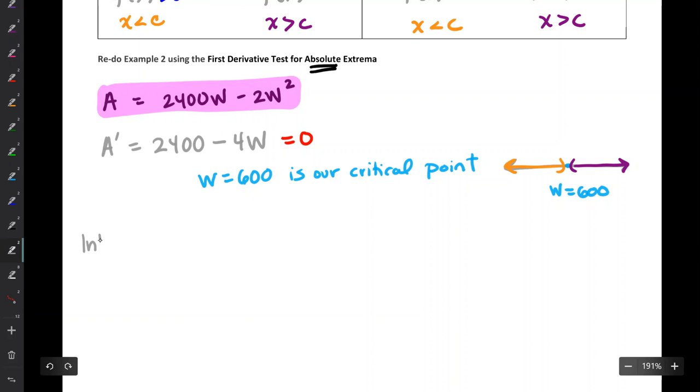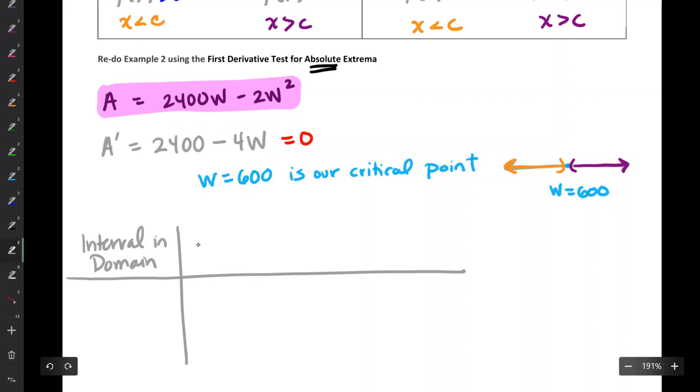We have our interval in the domain. We have the sign of the first derivative, A prime of W. I'm just going to write A prime. Is it positive or is it negative?